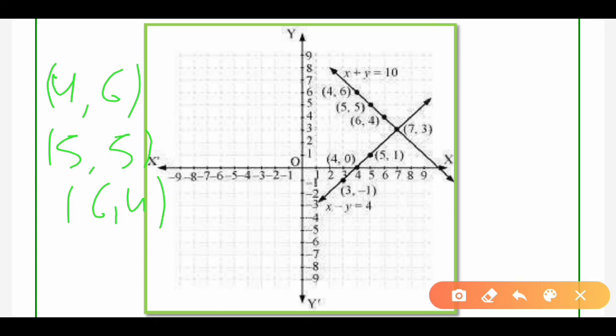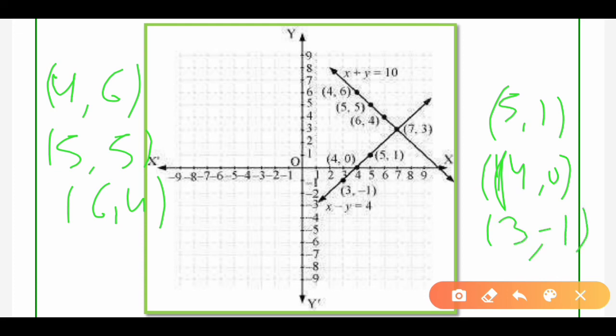And from equation number 2, we have (5, 1), (4, 0), and the last one is (3, -1). Now plotting these points on the graph paper, we'll get two lines. First one is this one and second one is this one.